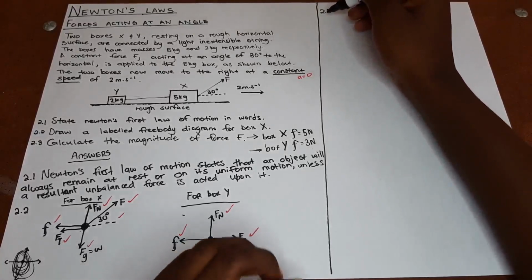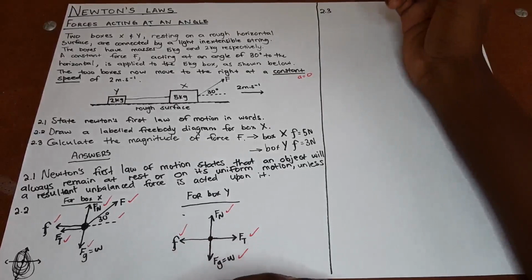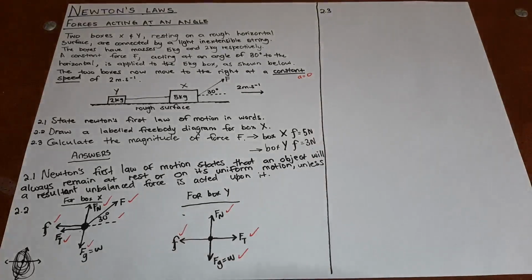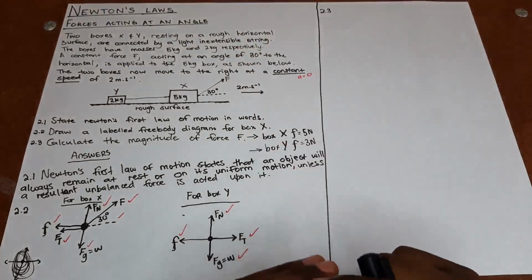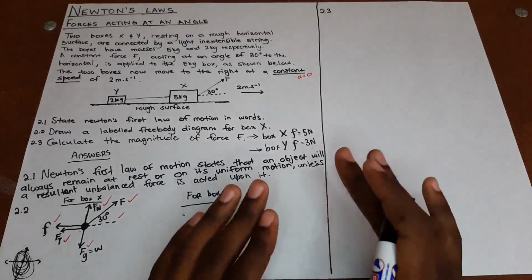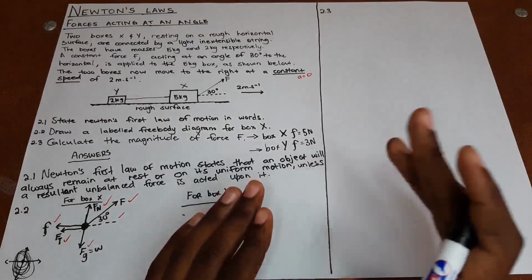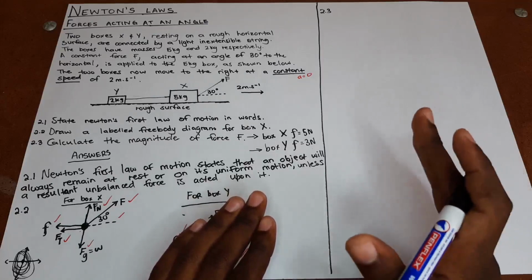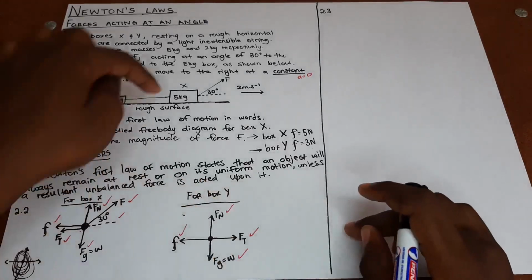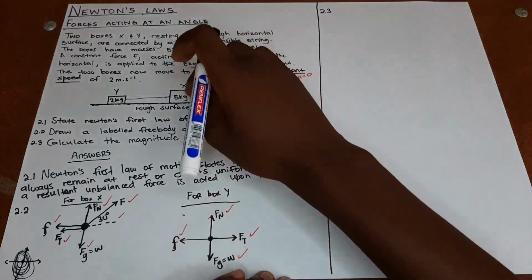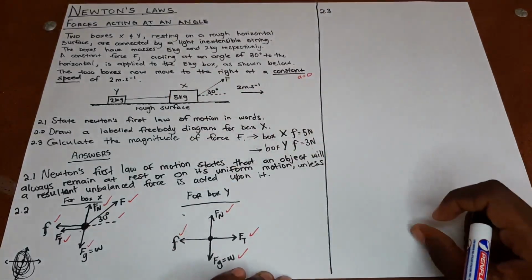So 2.3: calculate the magnitude of force F. Now we have to calculate the magnitude of this force. The very first thing is to find our x and y components acting on this block X, which is 5 kg.